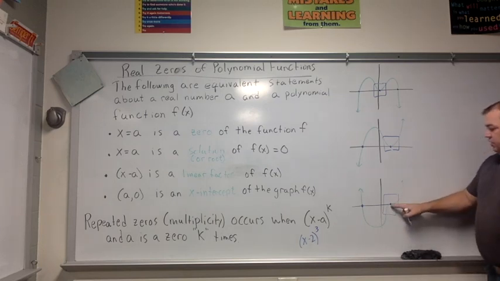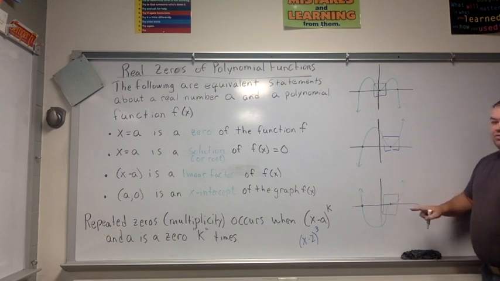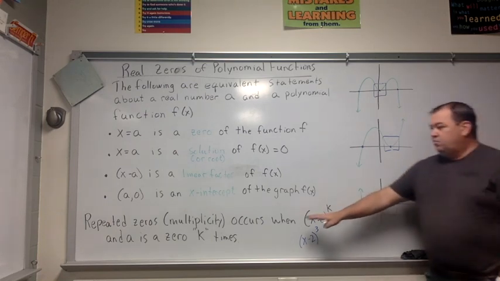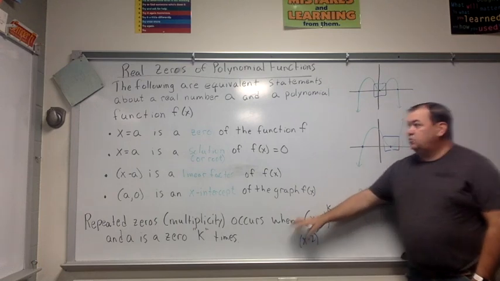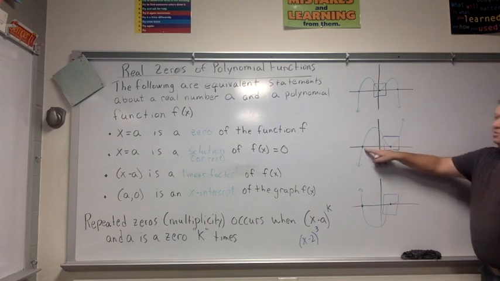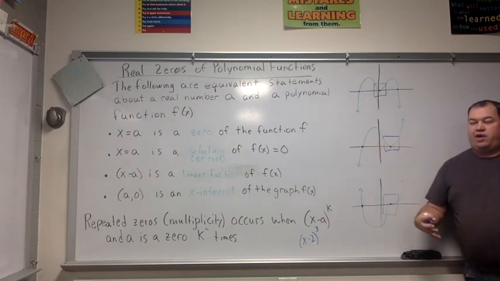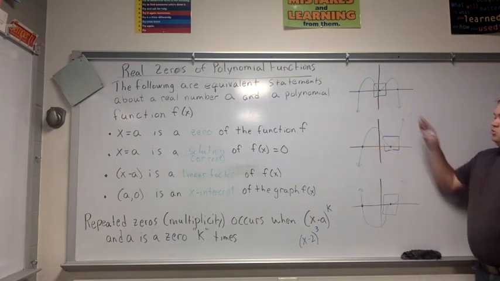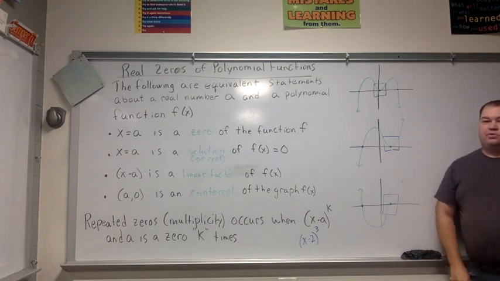I would expect that answer to be an answer 3 times in my function. So that's how multiplicity or repeated zeros fits in with these real zeros, these x-intercepts, these roots, these linear factors, these solutions of powers.